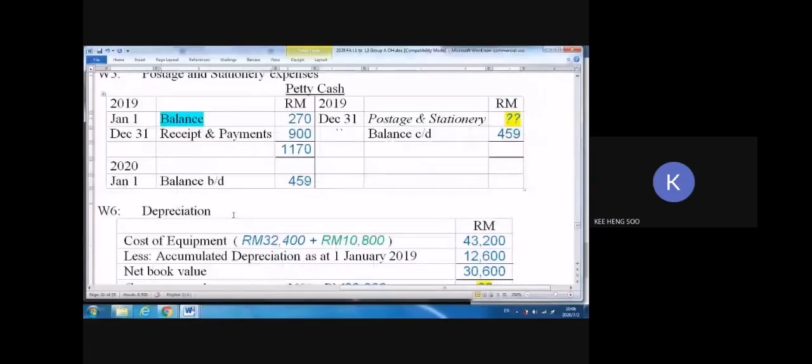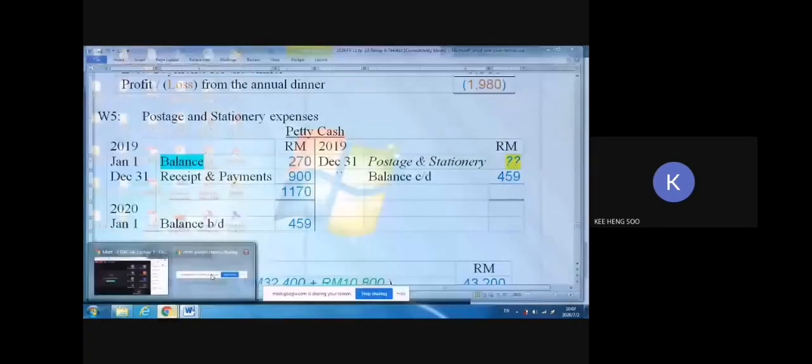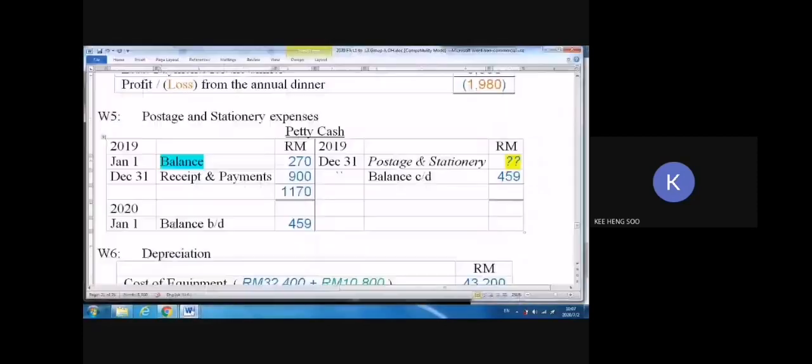This is a balance. Okay, balance brought down. Correct, you're right. You see, it's my mistake. But if I don't admit this is my mistake, I will say this is purposely to test whether you're sleeping or not.